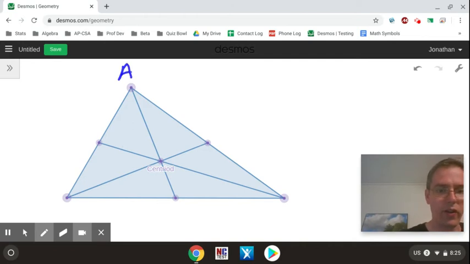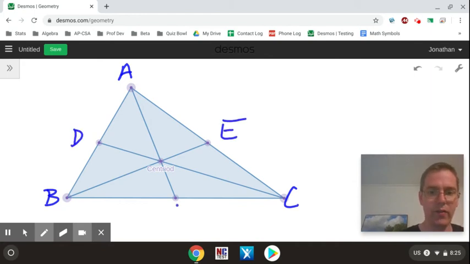let's just call this triangle ABC for the point of having something to do, and we'll call the medians D, E, and F, and we'll call the centroid point G, right there in the middle. So one thing I can do is say this centroid splits these median lines in a 2:3 ratio.